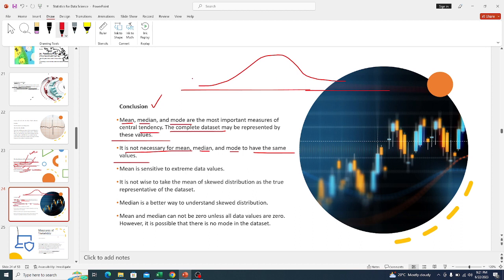In a standard normal distribution, mean equals median equals mode. Yes, this is one property of a normal distribution. Mean is also sensitive to extreme data.